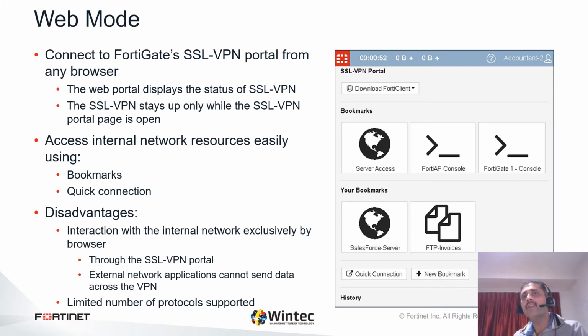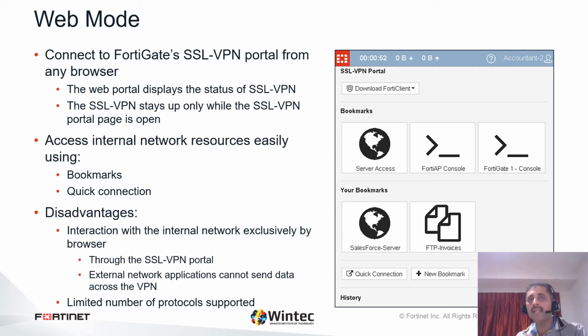Now the bookmark section, which is mentioned here on the SSL VPN portal page, contains links to all or some of the resources available for the user to access. Now the quick connection widget allows users to type the URL or IP address of the server they want to reach. A web SSL VPN user makes use of these two widgets to access the internal network.